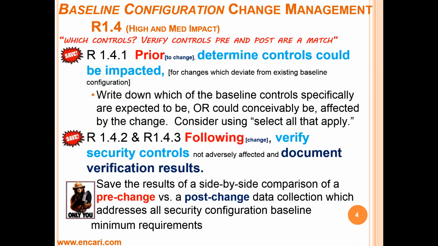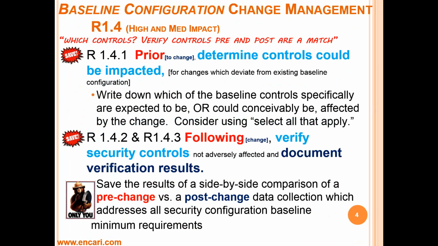But if it does not match that baseline, then your running config is not equal to the baseline. And so without documenting what you expect to change, you've just incorporated someone else's unapproved change to the configuration, in other words.